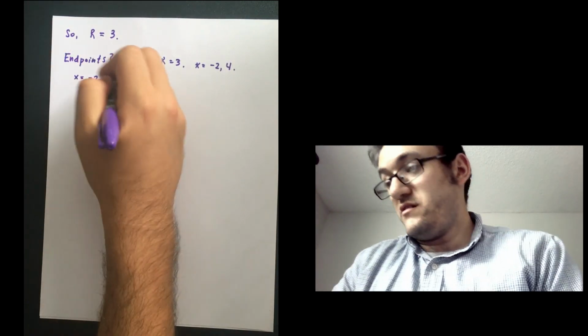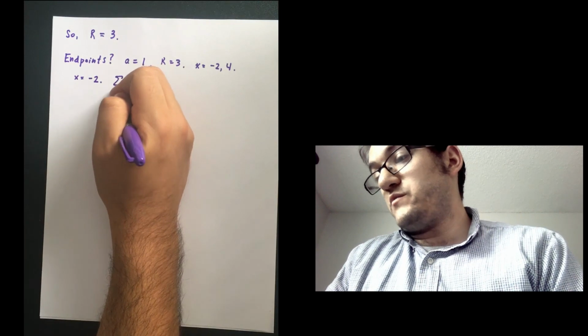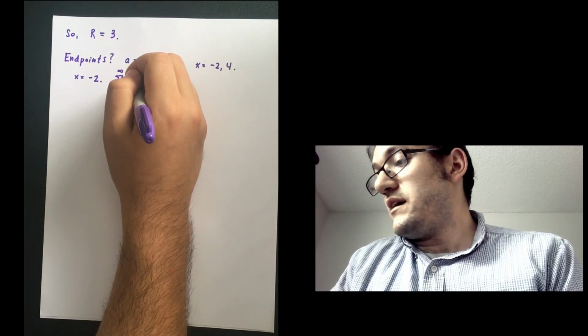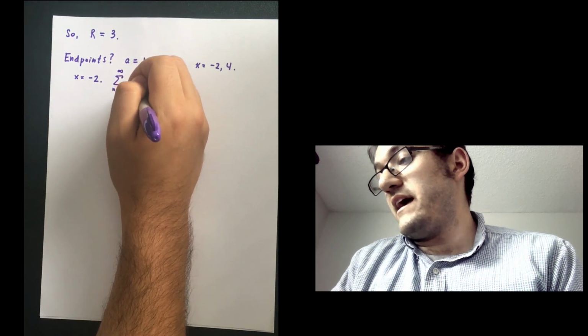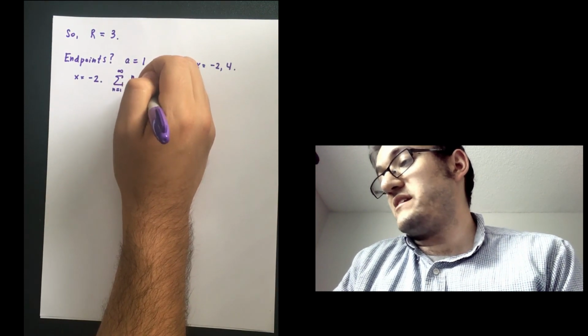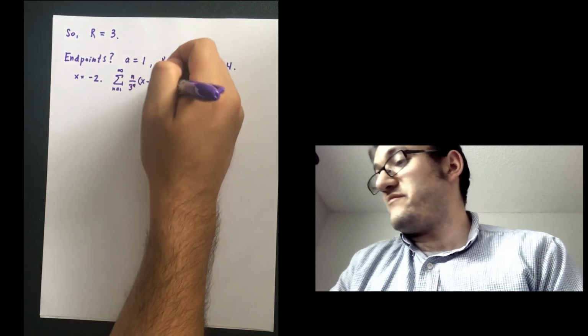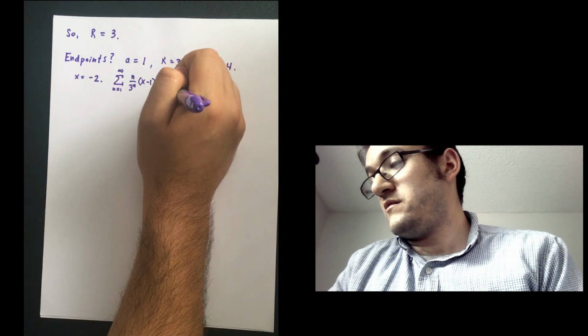Well, we have the sum from n equals 1 to infinity of n over 3 to the n times x minus 1 to the n. Plugging in minus 2 into here, we have minus 3 to the n.